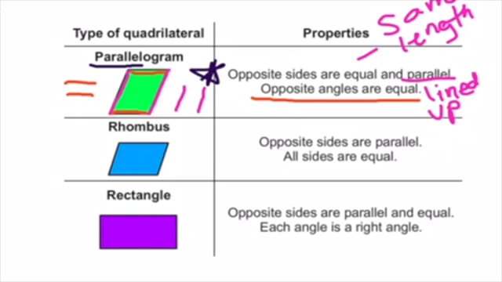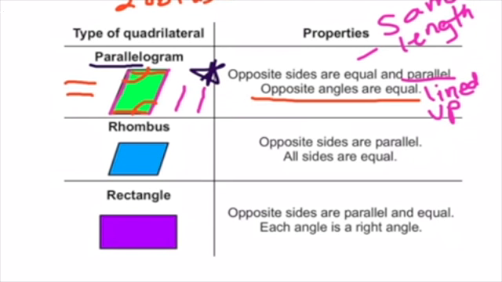So that means this angle is exactly the same as the opposite one, which is the one on top, and across. So it looks like that would be a what kind of angle? It's a little bit larger than 90 degrees. That is obtuse. So I see two obtuse angles right there.